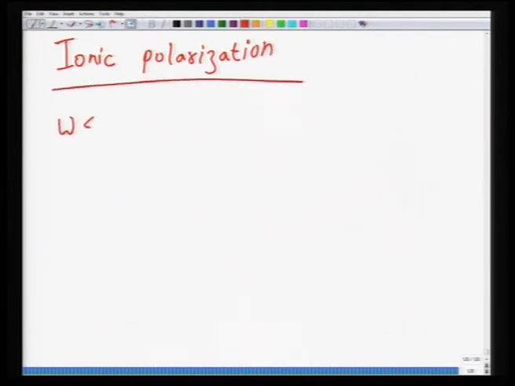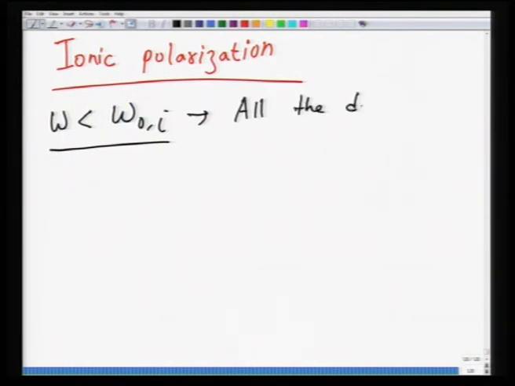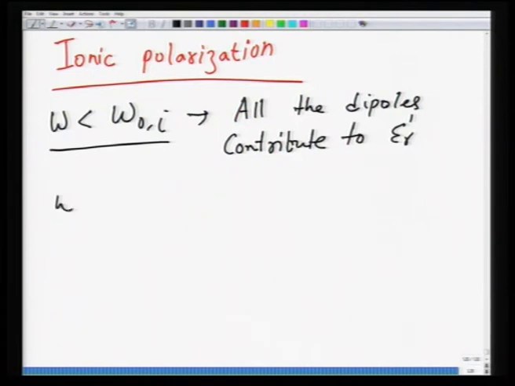When omega is less than omega naught I, we are operating at a frequency smaller than the resonant frequency, which means all the dipoles contribute to epsilon r, and omega greater than omega naught I. What will happen in such a case?